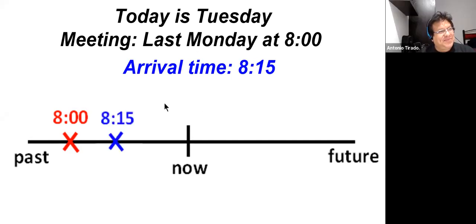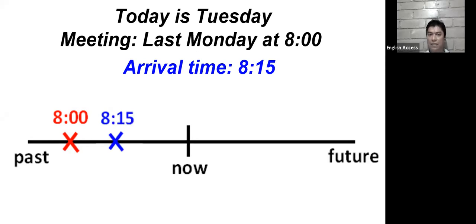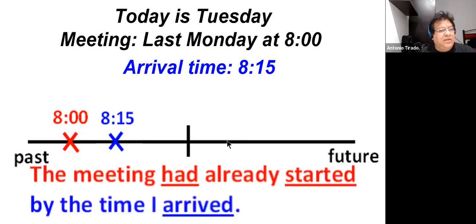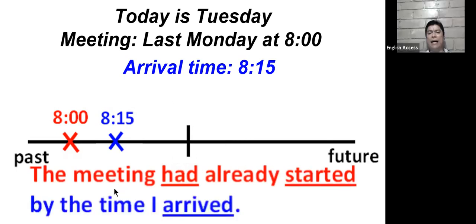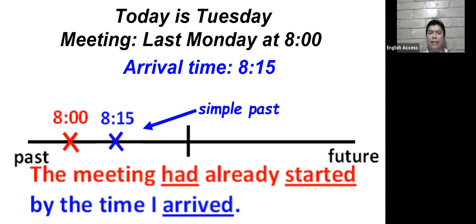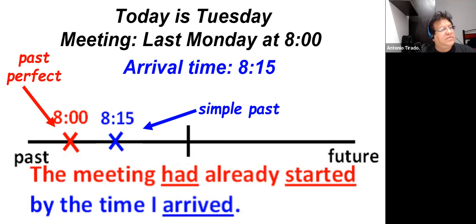So my arrival time is later. The sentence cannot have both at the same time. They happen at different times, and this one is older. So the sentence is, the meeting had started by the time I arrived. So we have the simple past for the most recent event and the past perfect for the older event.